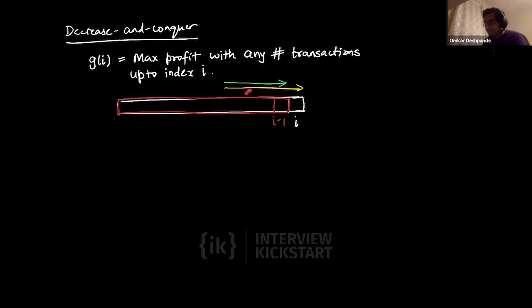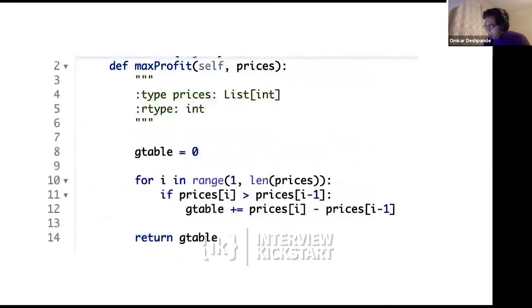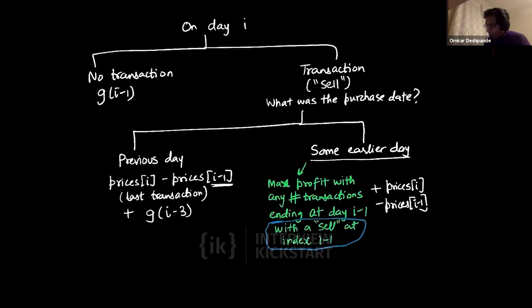Maybe that last transaction could have been worse off, but as long as the entire history was better, we could take that better solution, replace what we see here, a bunch of transactions with some final transaction, and then extend that final transaction, which has to end at index I minus 1. That's the constraint. It has to end at index I minus 1 with a sell. The best such history is what we are extending. Same thing for the previous problem.